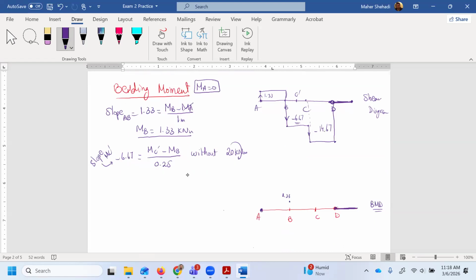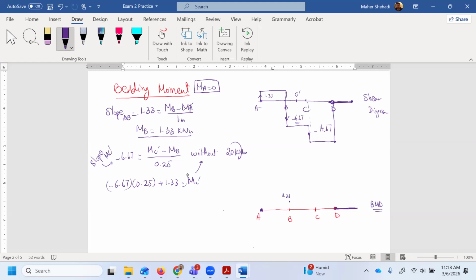We already found MB 1.33, plug it here. So minus 6.67 into 0.25 plus MB, so plus 1.33 equals to MC prime before applying the moment. So if we plug that, I would get minus 0.33.